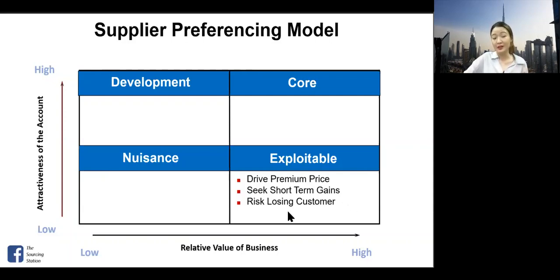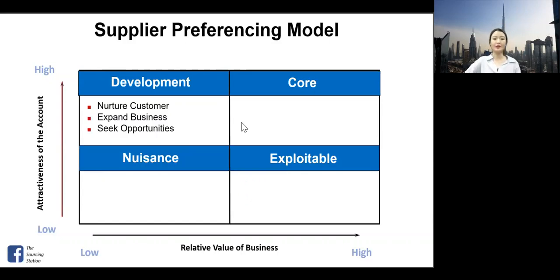They do fear losing you as a customer, even though your account is not that attractive, because your business value is large, right? They still need the volume to keep them surviving. So these two categories really are not too good for you as a buyer or as a customer. You do not have a lot of leverage to talk to your supplier at all.